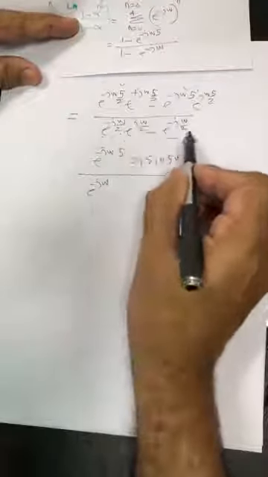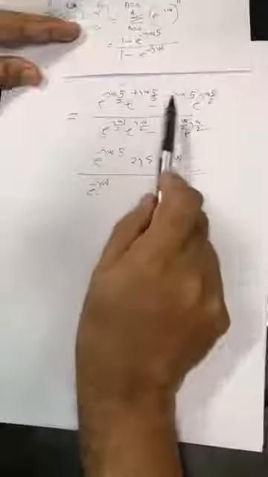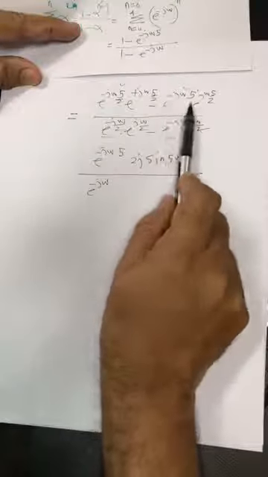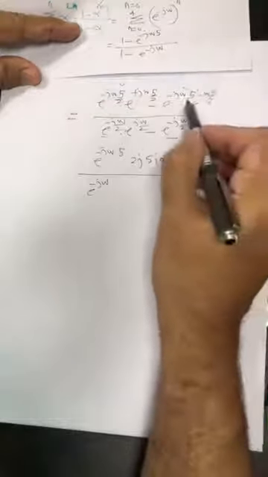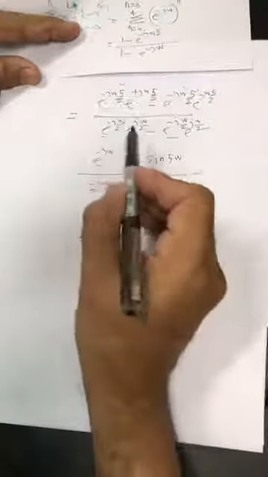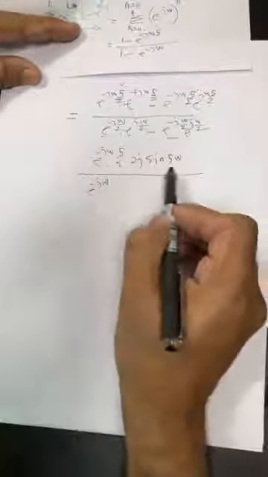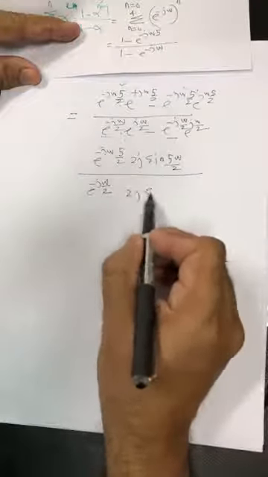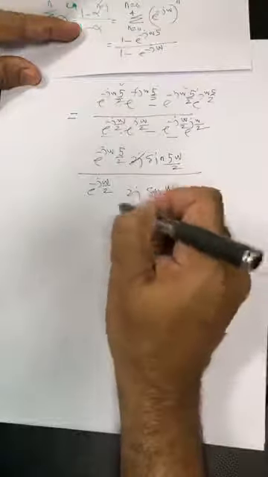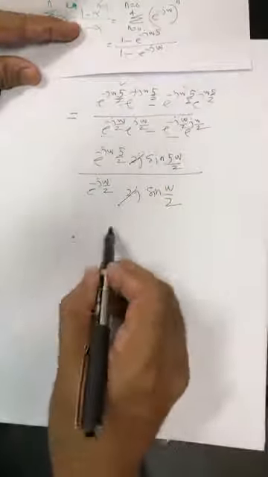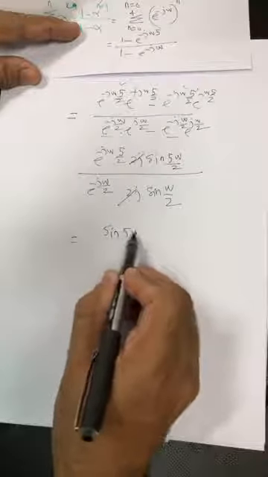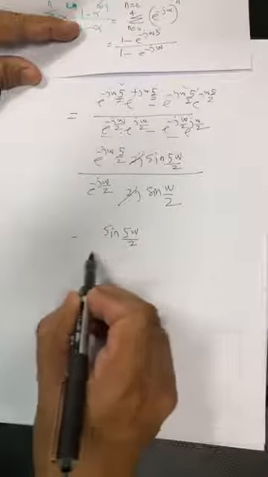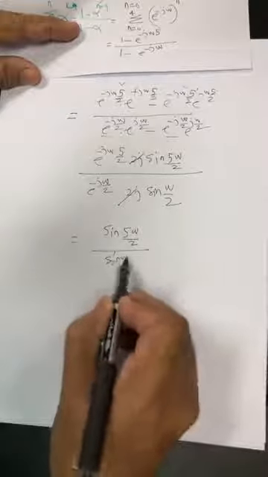Here the omega 5 is split into 5 by 2 and 5 by 2, and you are taking 5 by 2 as common. So 2j cancels with 2j, and this expression is sine 5 omega over 2 divided by sine omega over 2.